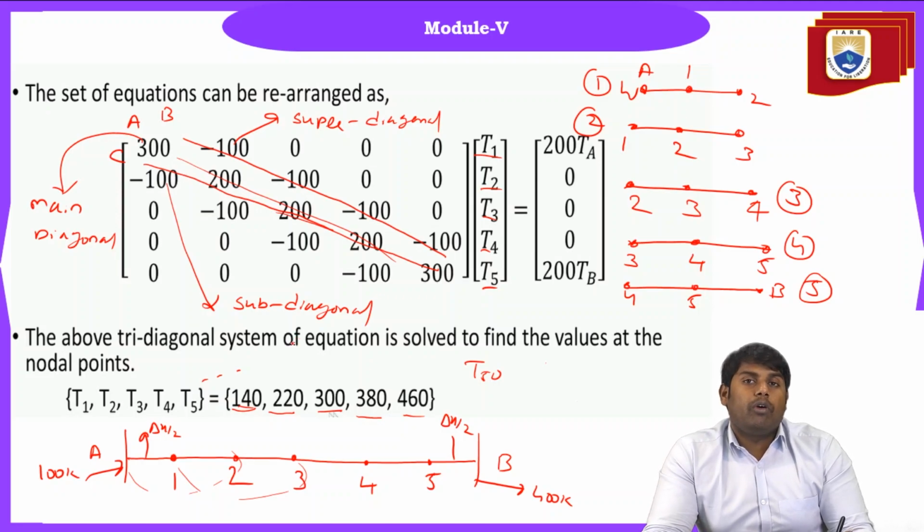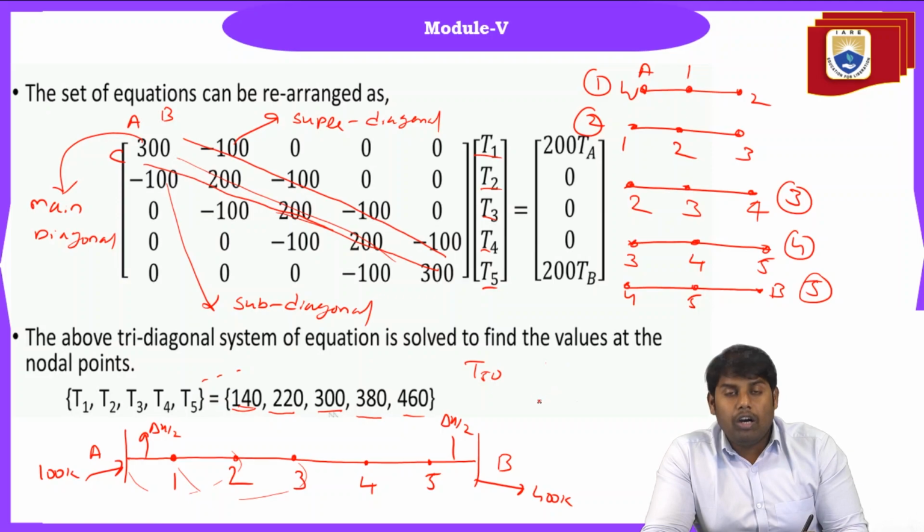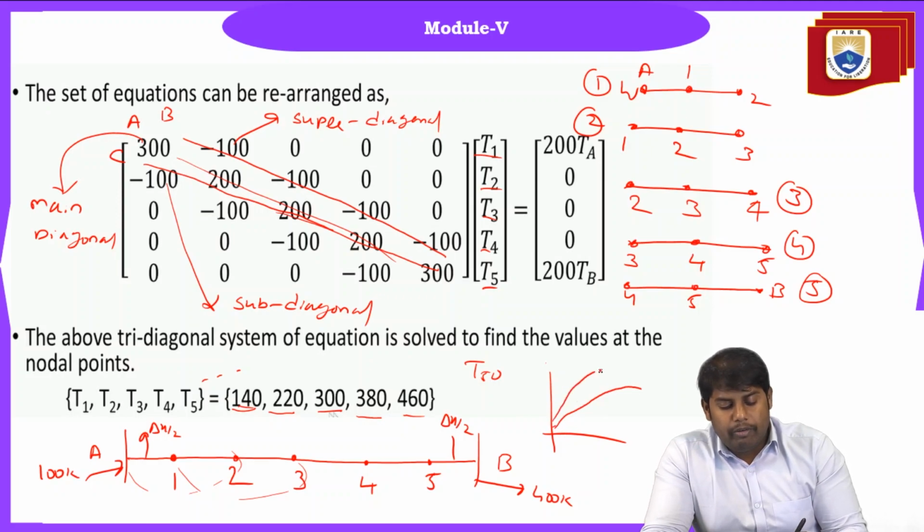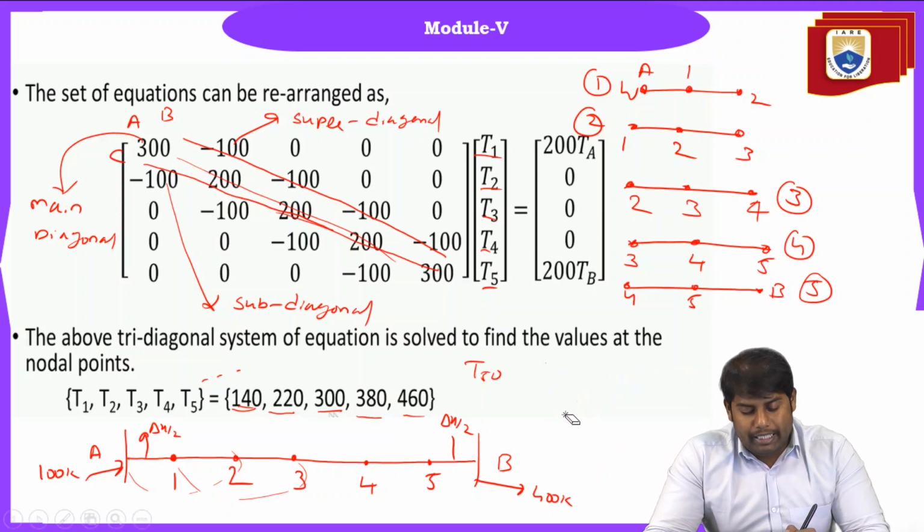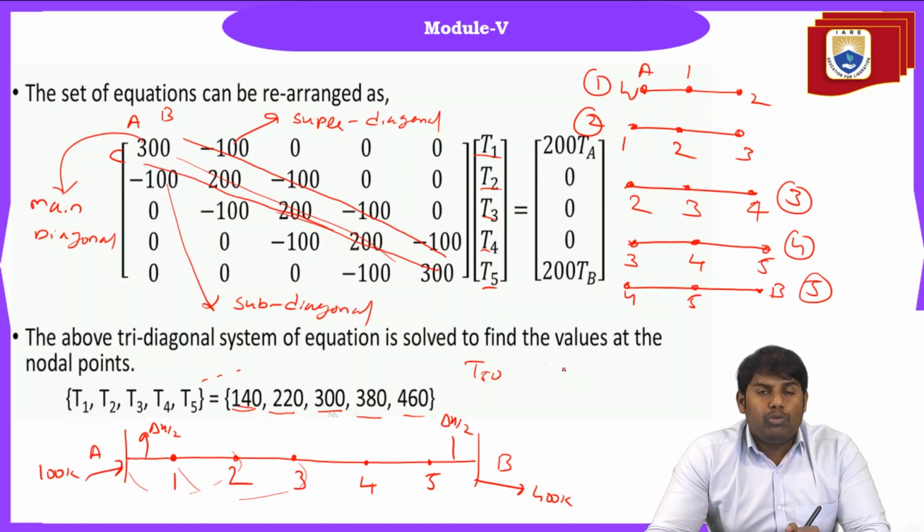So if I take 50 points, the temperature profile with respect to X will start to show some smooth nature. If you take more number of points, it will be very smooth. If I take fewer points, what is happening? It has a not smooth profile.